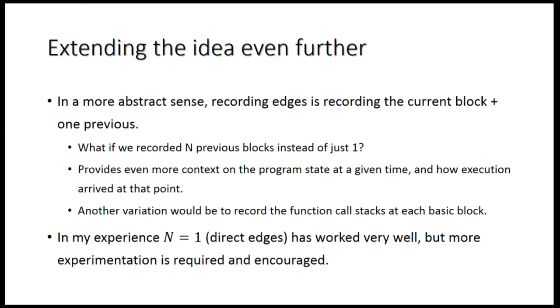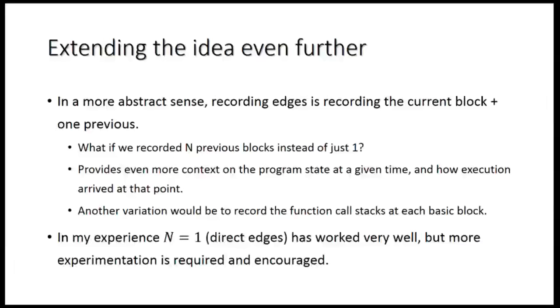So in a more abstract sense, recording edges is recording the current block and the one previous, but we could also record even more information by tracking not only the previous block, but also more of them. So for example, n previous blocks and the current one, which would provide even more context as to how the program actually arrived at the current state.